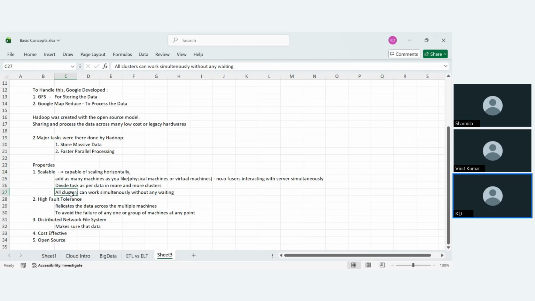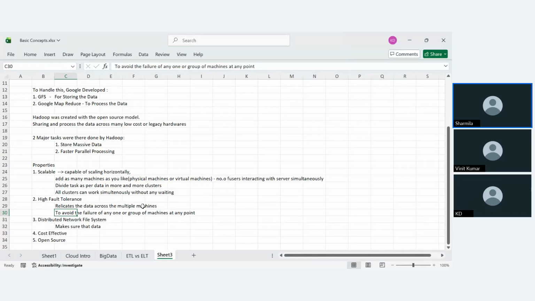Out of that, 50 have failed. The replicas of those 50 clusters are already created in the other 950 systems. Because of that, if any one or many machines fail, the final output will not get hampered.